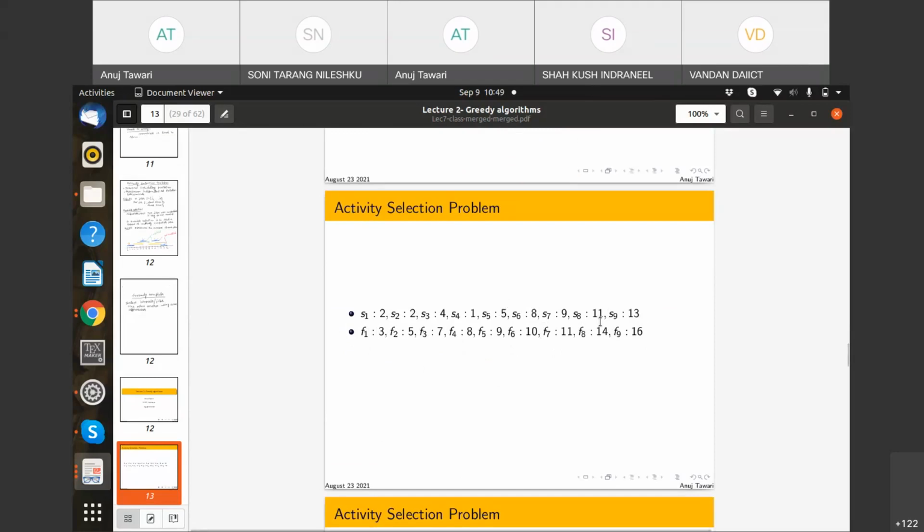Here, would the intervals be given in which the jobs can be done?